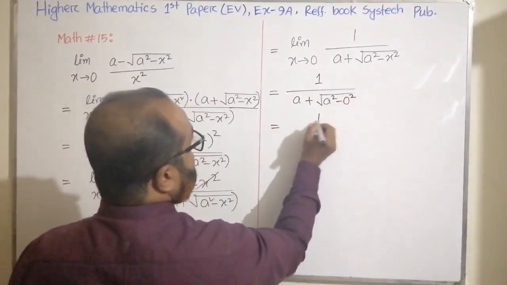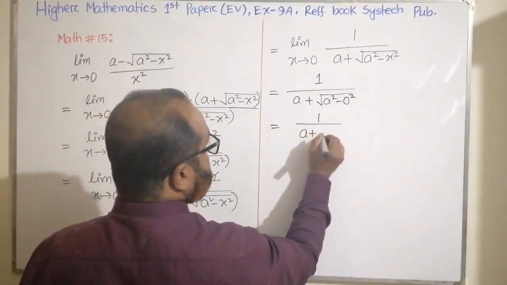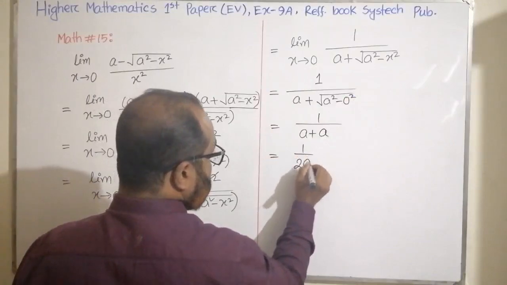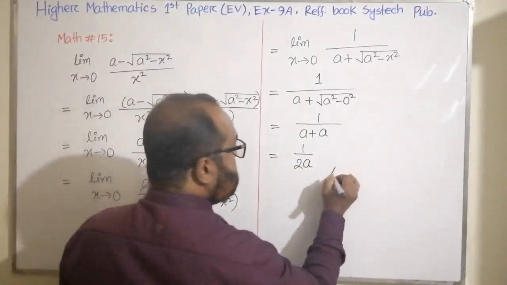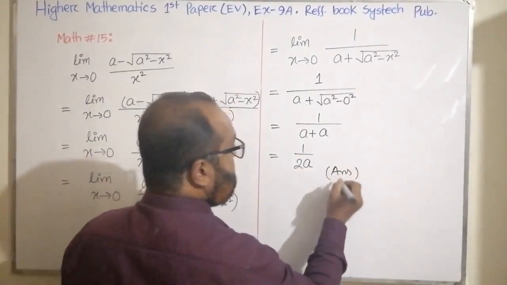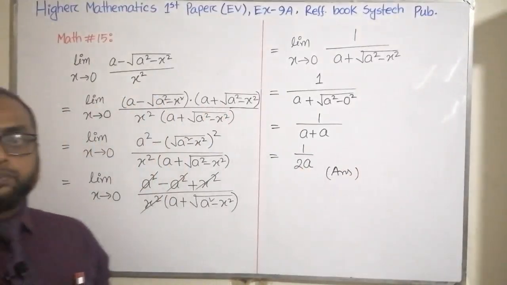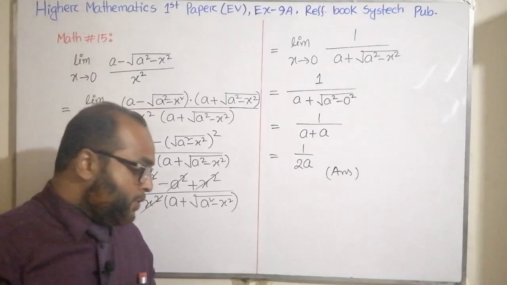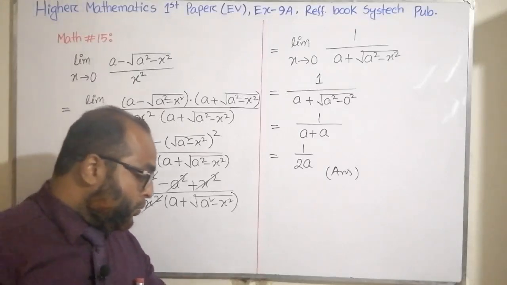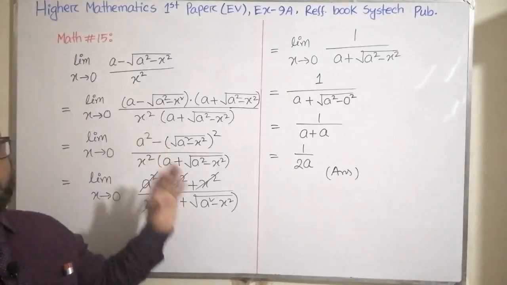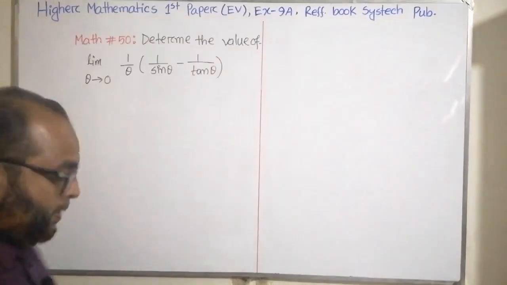This equals 1 by a plus a, this equals 1 by 2a. This is the limiting value of this function. These types of maths in group 2 you have to solve by this procedure.